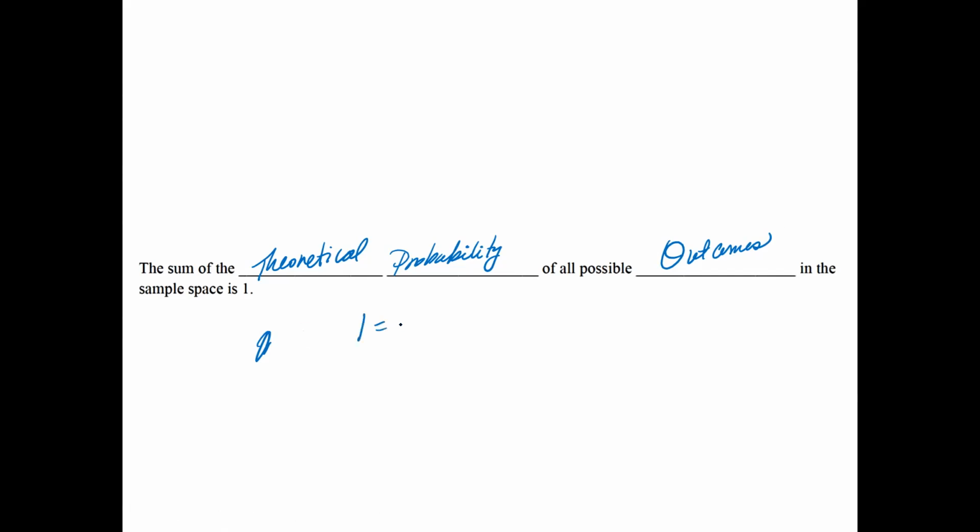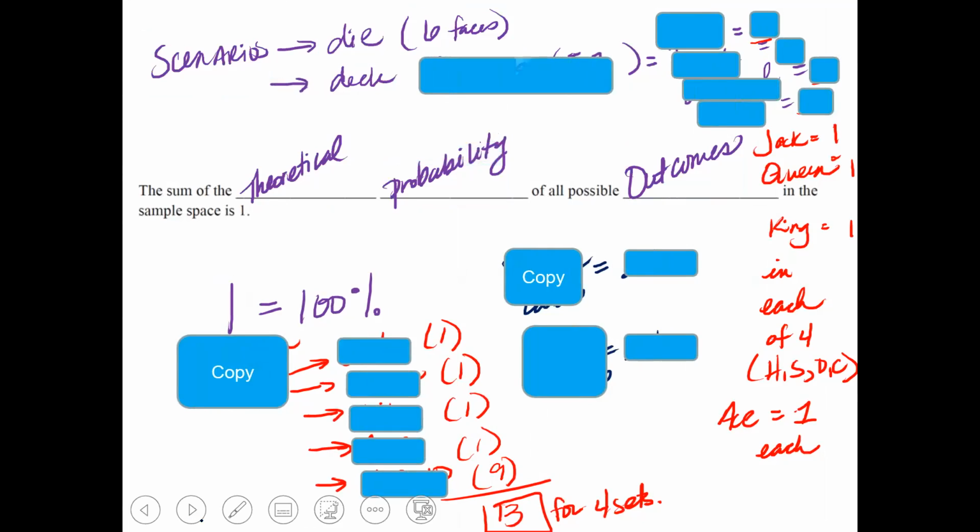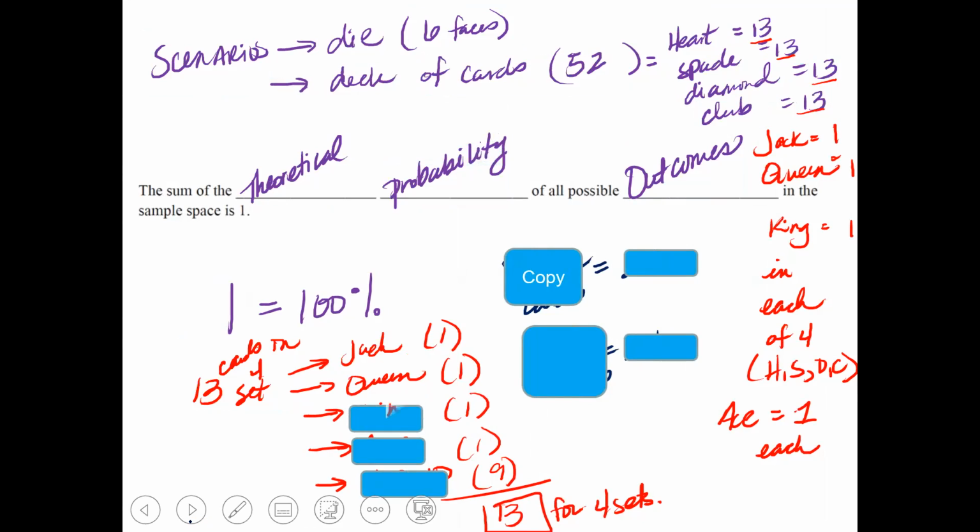My pen is having a little bit of difficulty. Here we go, 100%. All right, with that said, let's go over a few examples.